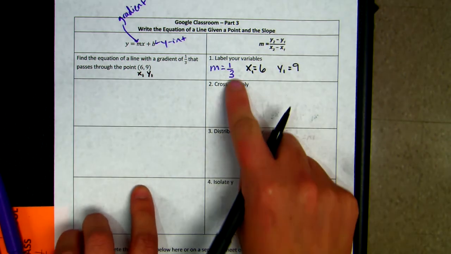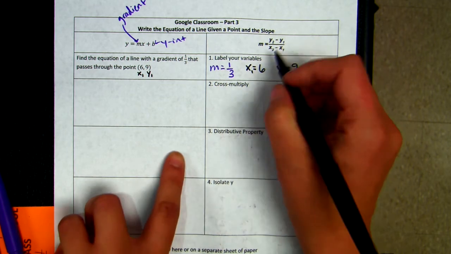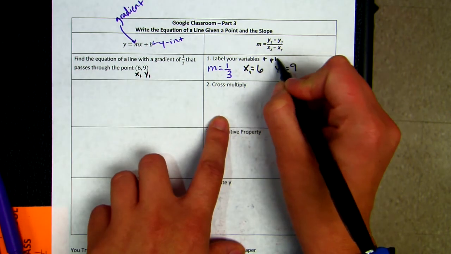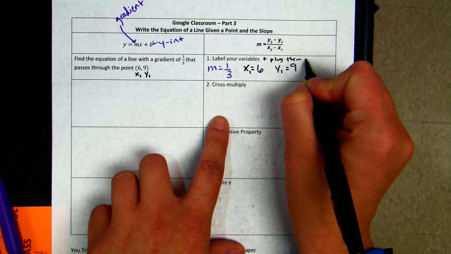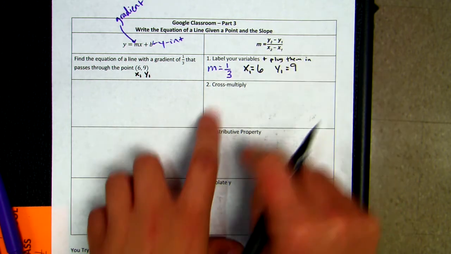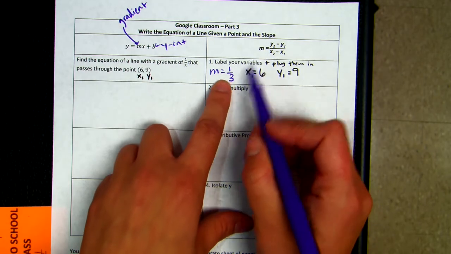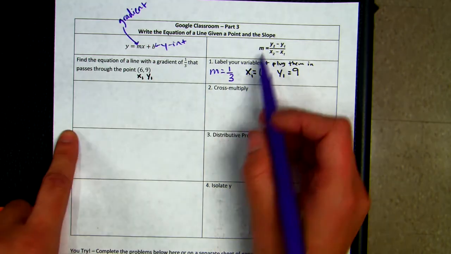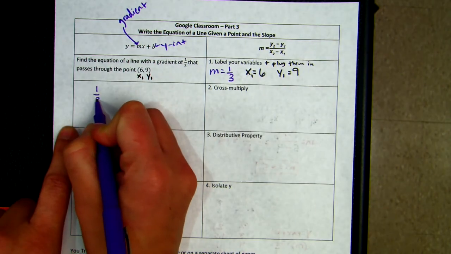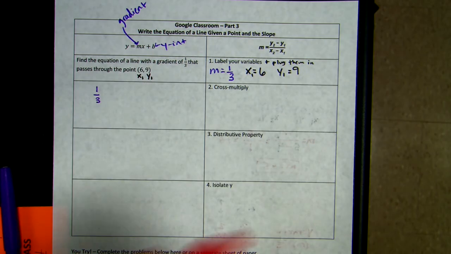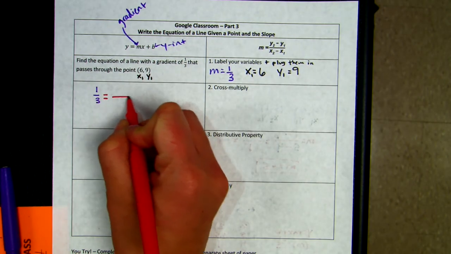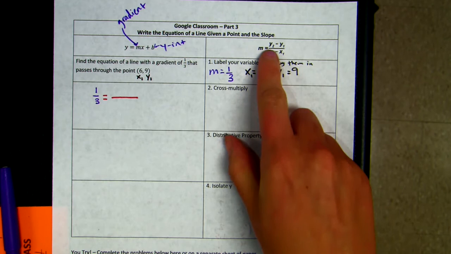Okay, so from there, I'm going to label my variables and plug them into my formula. Okay, so I'm going to do that. I know m is the same thing as 1/3. So wherever I see m, I'm going to write 1/3 is equal to my fraction bar, y2.